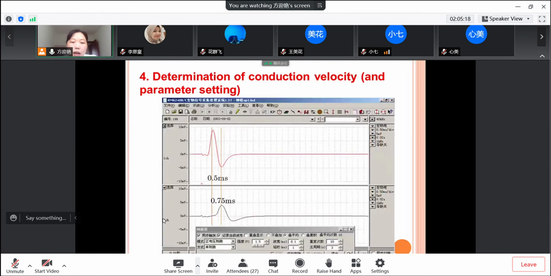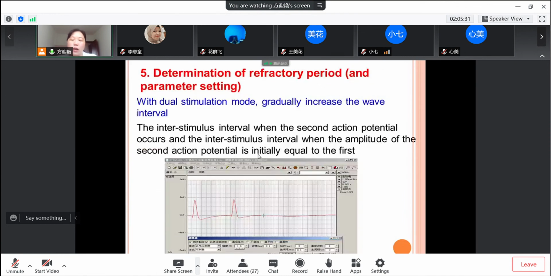According to the two channels and the one unit, we can calculate the conduction velocity. And second, we should record the refractory period.